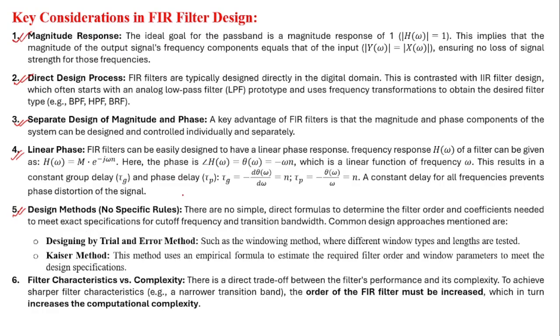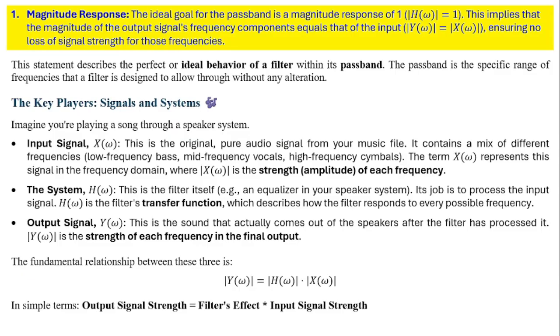There are no specific rules while designing the FIR filters. And lastly, we have filter characteristics versus complexity. So these are the key considerations to be kept in mind. In a snapshot I have given this to you in a single slide, but from the next slide onwards we'll be discussing them.